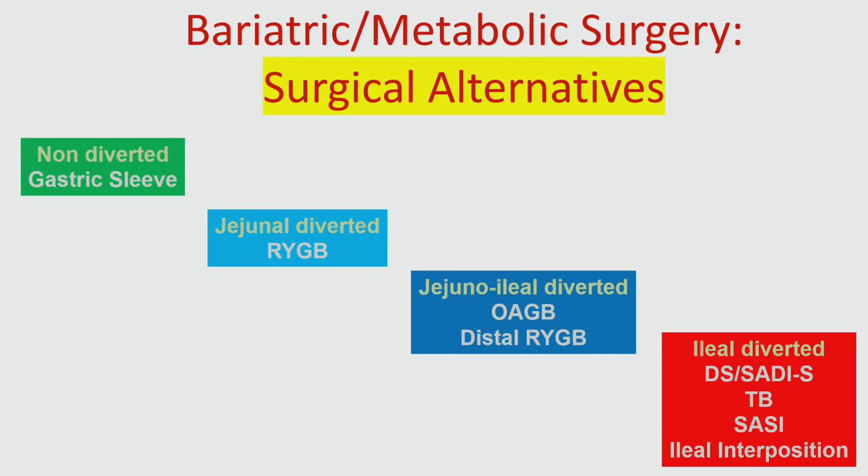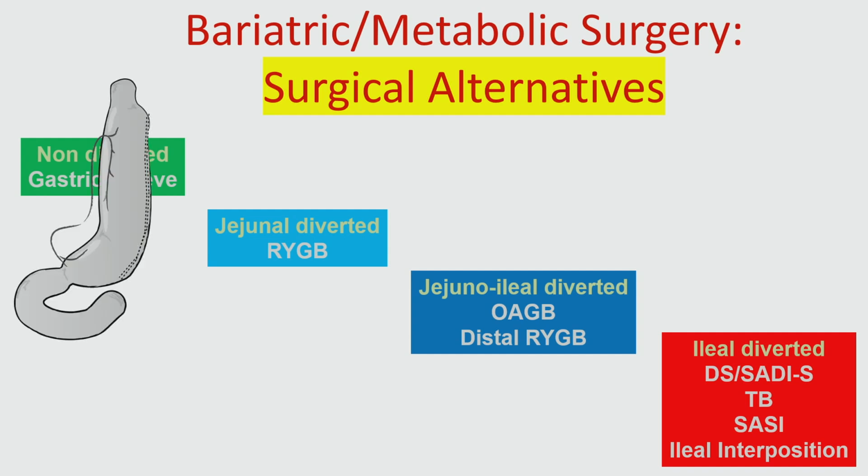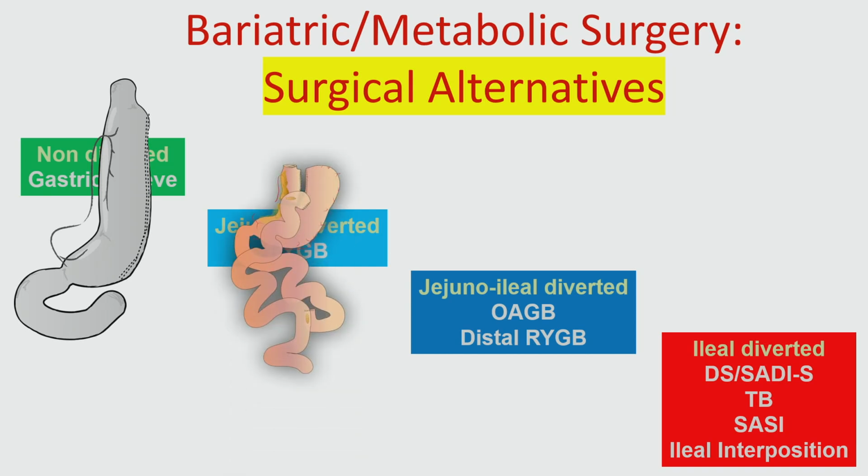This is my disclosure, and this is the summary of the different bariatric and metabolic surgery procedures. We now have very different surgical alternatives. Some of them are non-diverted, like the sleeve gastrectomy itself. Some divert the jejunum, as an example the Roux-en-Y gastric bypass.